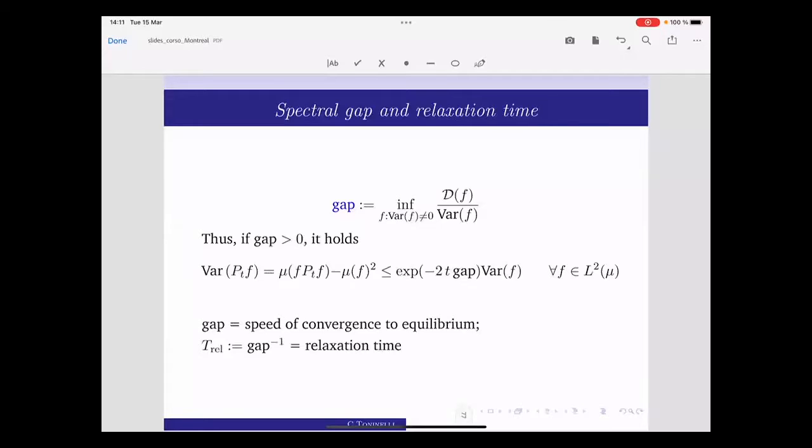This variational formula immediately implies that if the spectral gap is positive, the variance of the function evolved at time t decays exponentially to the equilibrium variance, with a speed governed by the spectral gap.